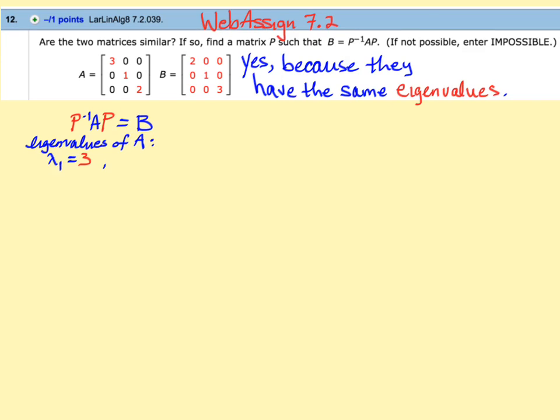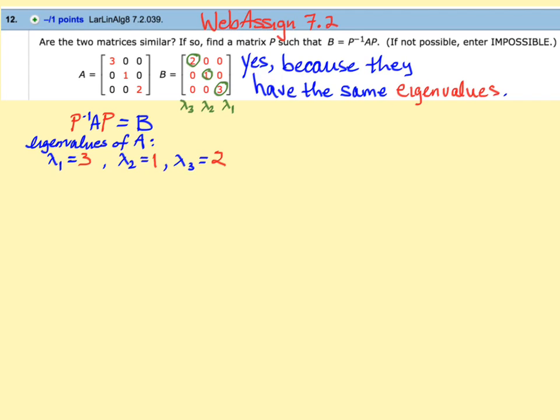Let's say lambda 1 is 3, lambda 2 is 1, and lambda 3 is 2. Now look at the matrix B. The first eigenvalue that appears there is actually lambda 3. The second one is lambda 2, and the last one is lambda 1.